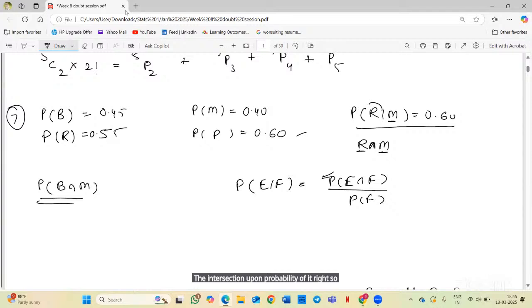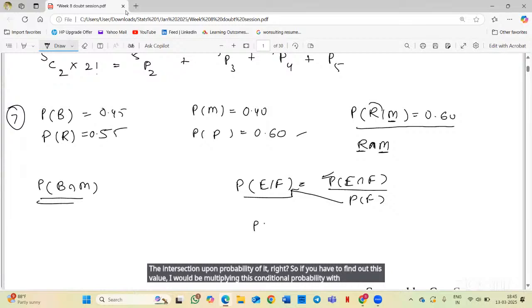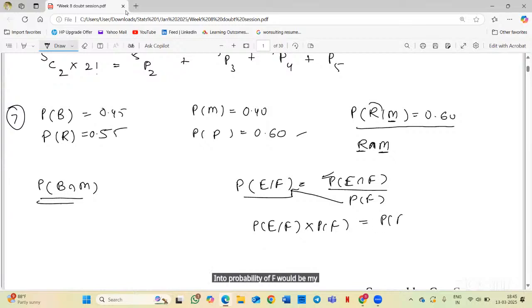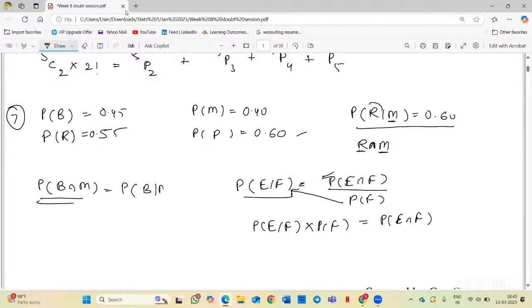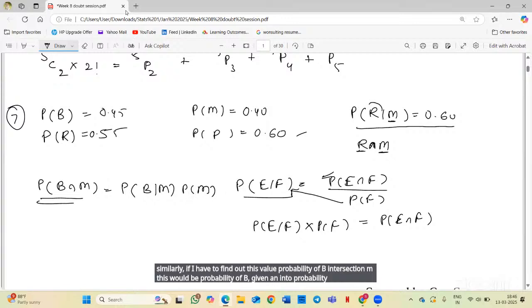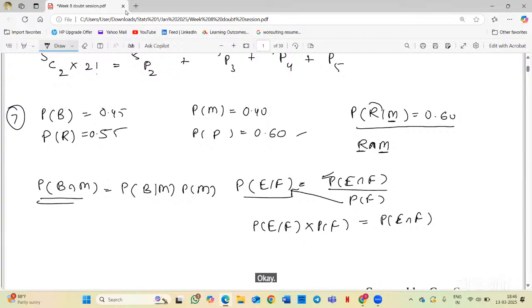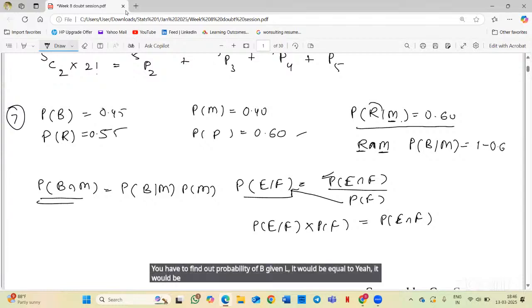So to find this value, I would multiply the conditional probability with my marginal probability. The probability of E given F times the probability of F would be the probability of E intersection F. Similarly, the probability of B intersection M would be the probability of B given M times the probability of M. Here it is given the probability of R given M, so the probability of B given M is 1 minus 0.6, which is 0.4.